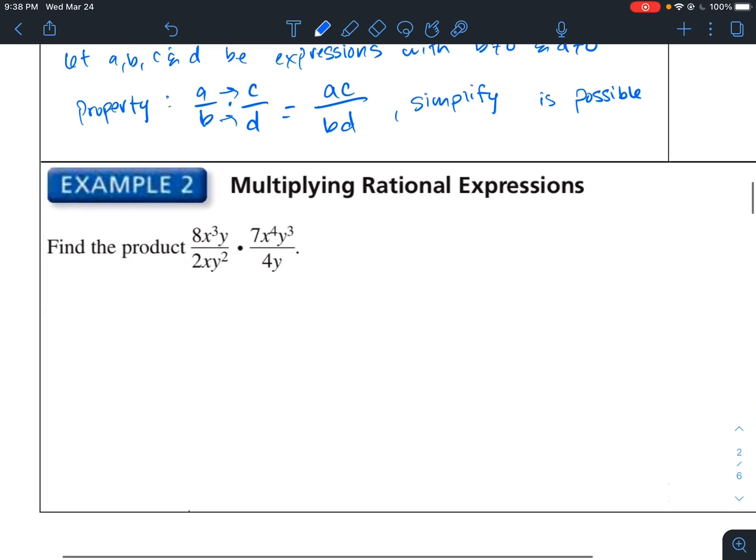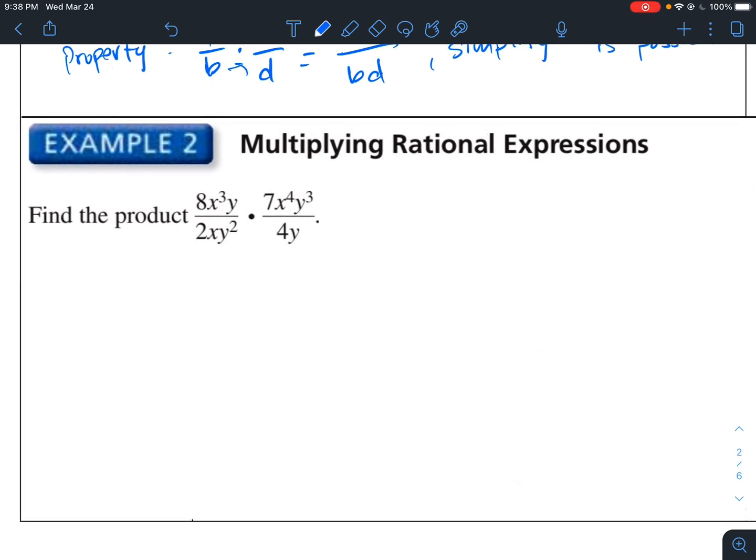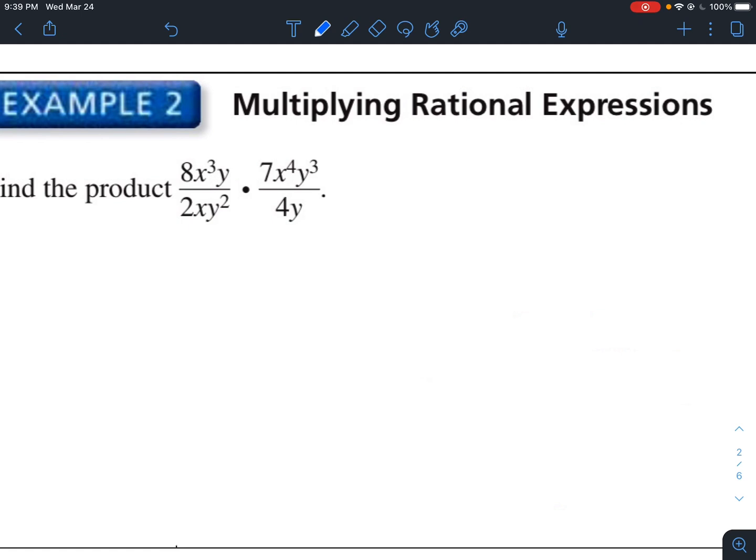So here, in this example, we're given two rational expressions. We're just going to multiply straight across. So when we do that, we have 8 times 7. I'm just going to leave it as 8 times 7. I'm not going to actually multiply them together because I'm going to need to divide out common factors.